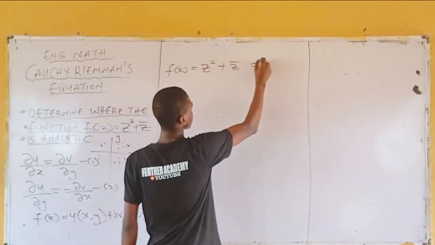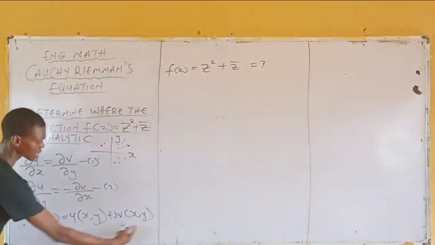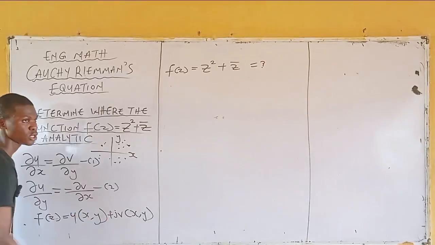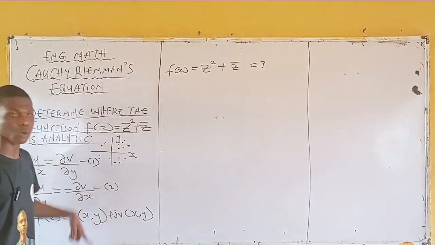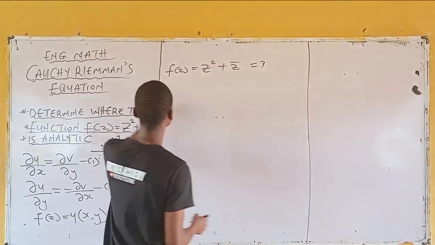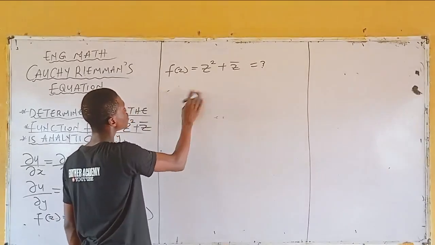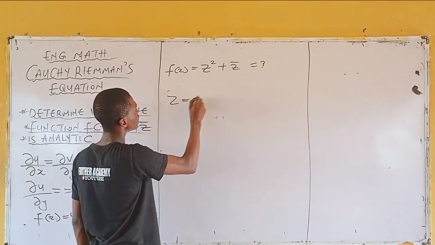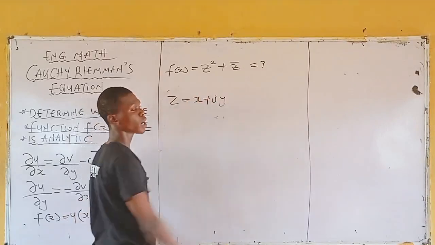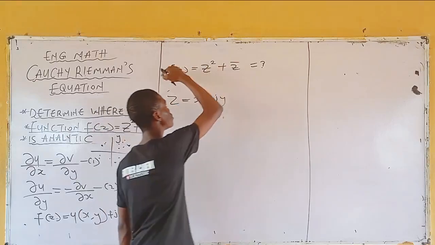How can I write this in terms of u and v? What we are going to do is substitute z equals x plus jy into this function.